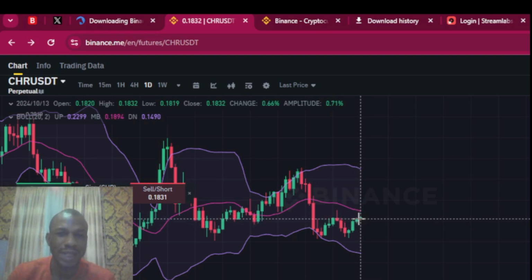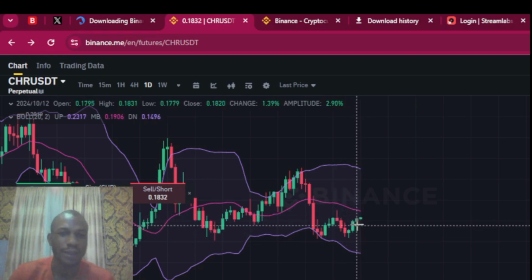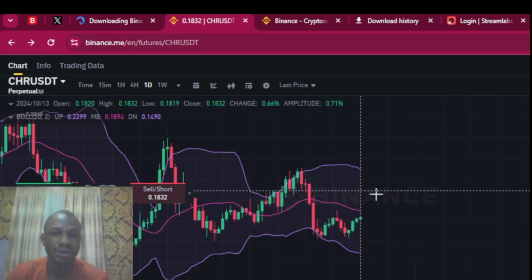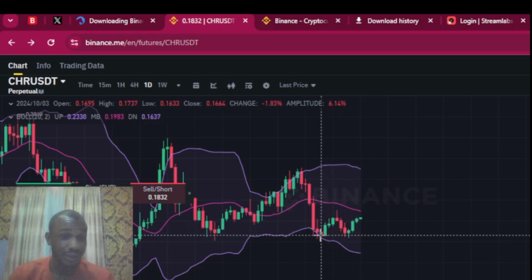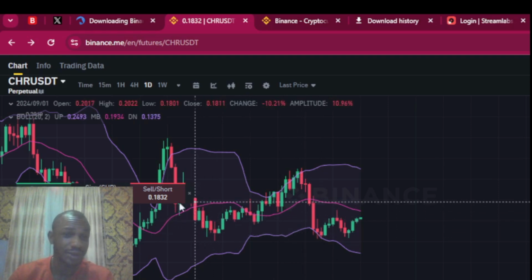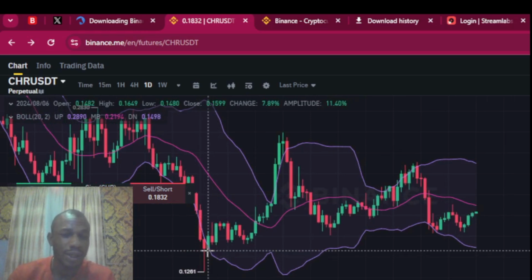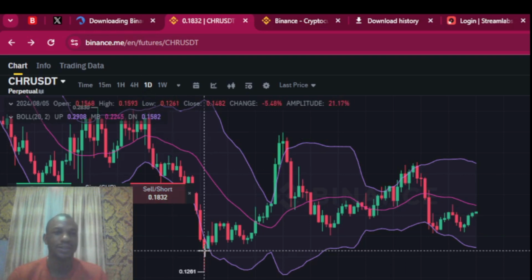What do I mean by that? Sometimes there might be high resistance where the market will trade within this region before it crosses to the next market cycle, or probably trade in the upper region before it crosses to the lower market cycle. So what basic thing I take from this chart is, if you look at this CHR chart, I'm using the 1 day chart.